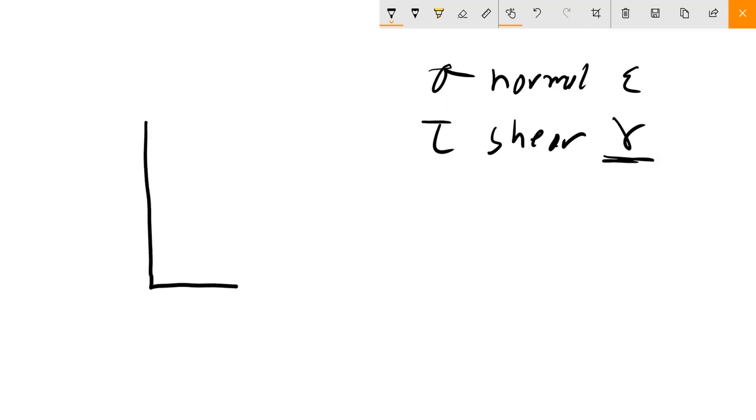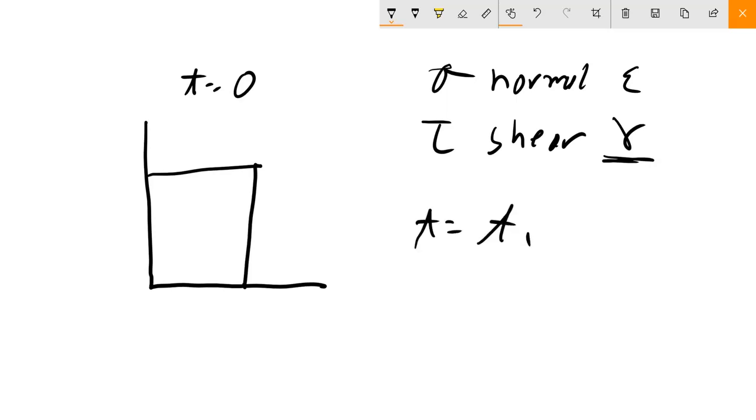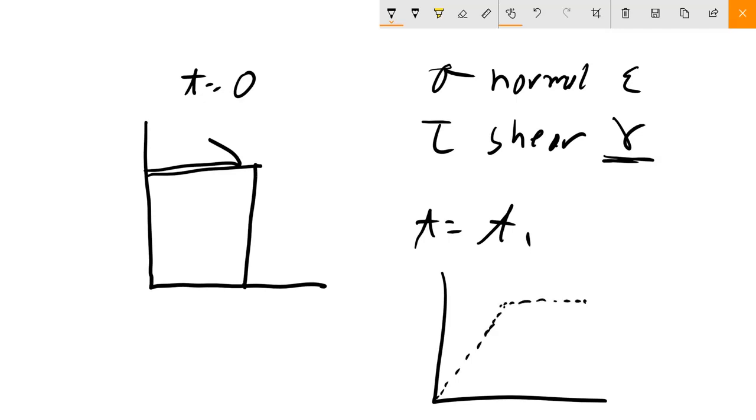Let's imagine this is again our starting point at time t equals 0. I have my little block element like this, my square. Now, at time t equals t1, I am going to apply a shear. So I'm going to shear this material this way. The material afterwards is going to look like this, shifted from its original position.